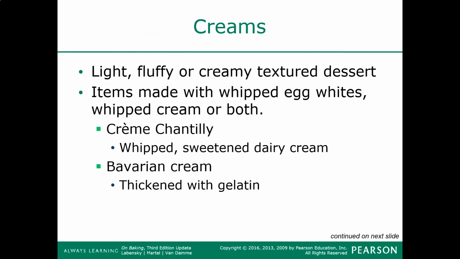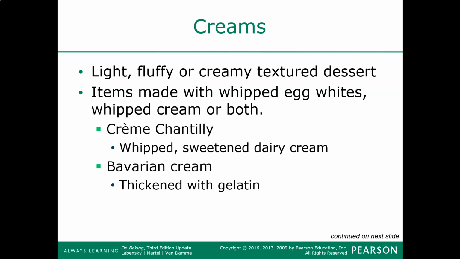Creams. Creams include light, fluffy, or cream textured dessert items made with whipped egg whites or whipped cream. Some, such as Bavarian creams and chiffons, are thickened with gelatin. Others, such as mousses or cream chantilly, are softer and lighter.